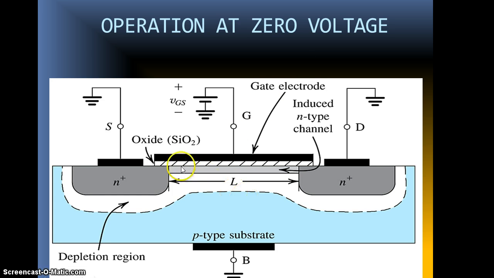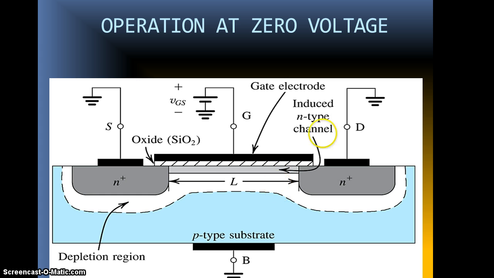So what happens is this induced N-type channel is formed here for flow of current from the drain to the source. It acts as a channel. The channel is created actually by inverting the substrate from P type to N type. This is the inversion layer. So the substrate surface over here is converted or inverted from a P type to an N type, and thus the channel is created.